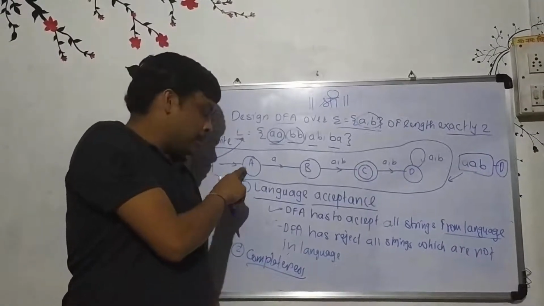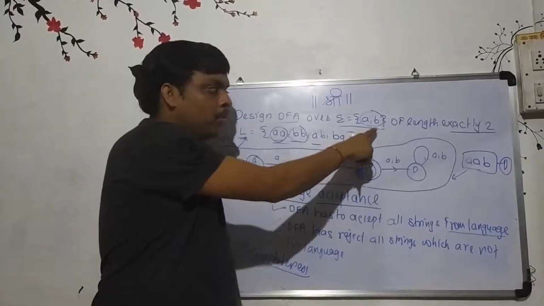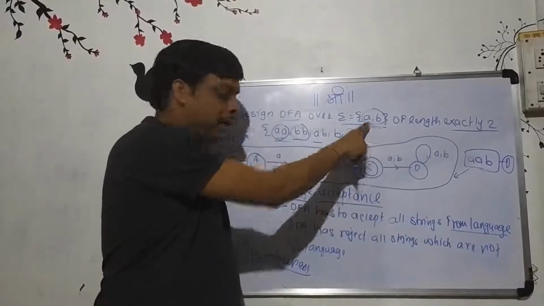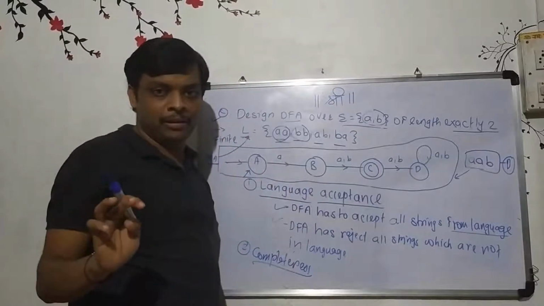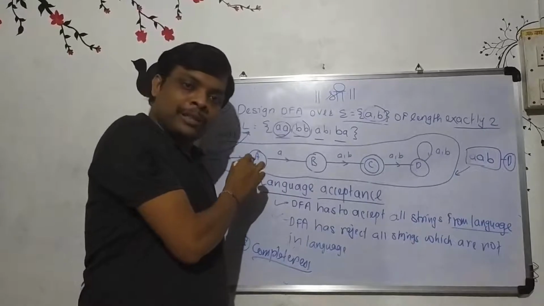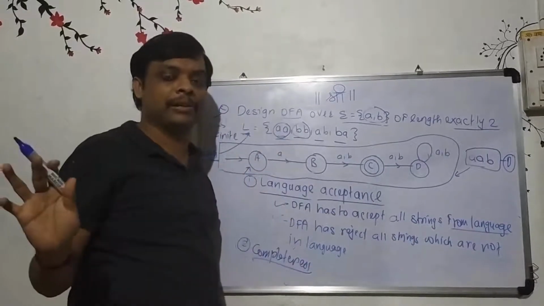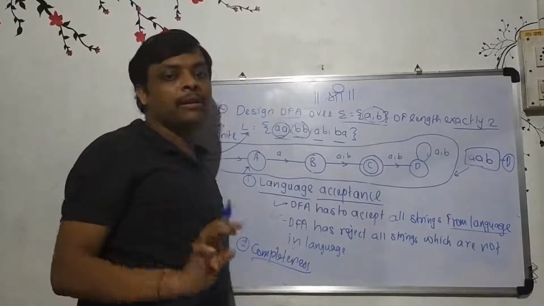Why? Because from capital A I have given path for small a, but one more input alphabet is given, small b, and for small b I have not given anything. So that's why here A is not complete. And if one of the states is not complete in a DFA, then that DFA is itself not complete. That DFA will be an incomplete DFA.